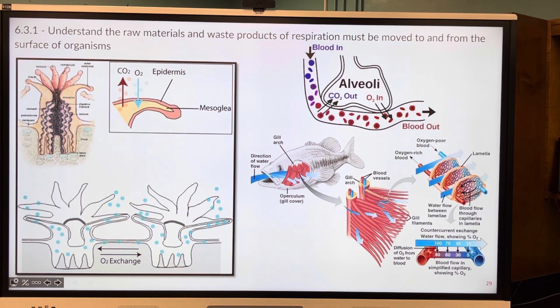Okay, not far now. I'm going to go deeper into these individual organisms in the next set of notes. But for now, this is just an introduction to respiration, moving waste products and raw materials in and out from the surfaces of organisms. Yes, the gills are a surface.